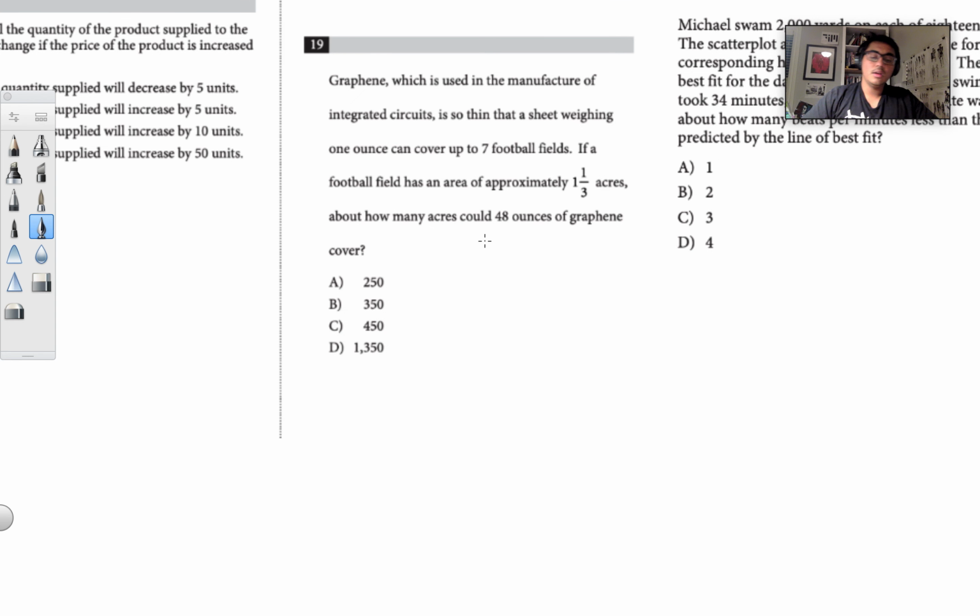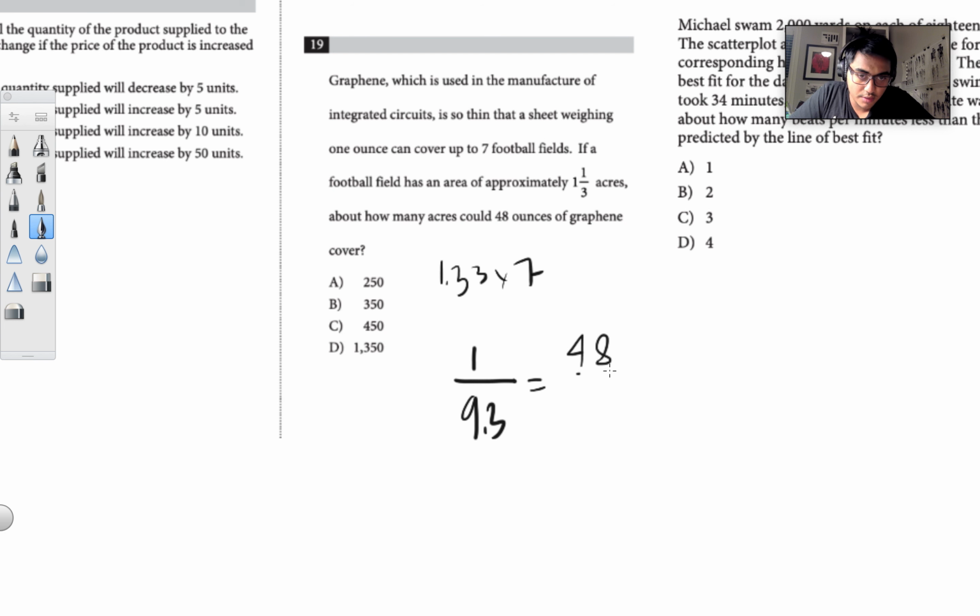Okay, so actually let's multiply 1.33 times 7, because that's how much 1 ounce can cover. So 1 ounce of graphene can cover 9.3 acres. So 48 ounces can cover 48 times 9.3.